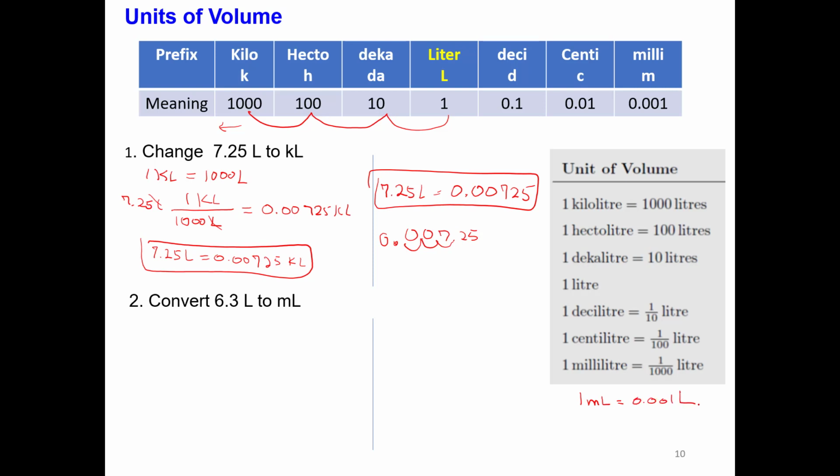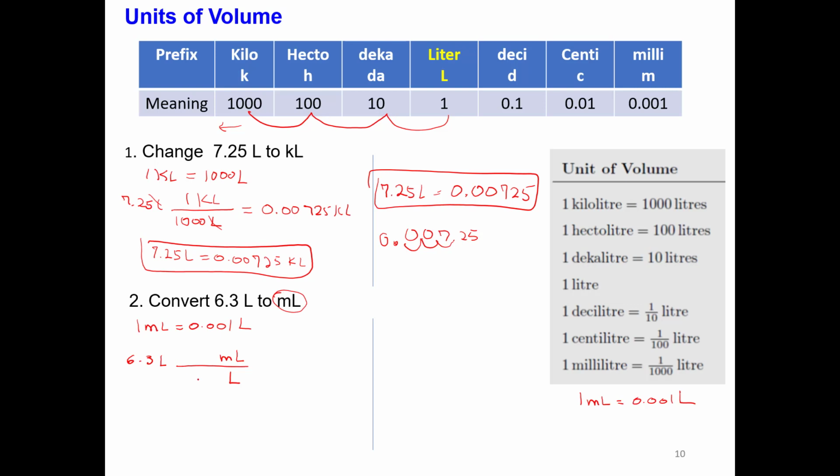And this is the conversion factor we need to apply in this case. Let me write here 6.3 liters. And we need liters in the denominator, this way the liters cancel out, and we need milliliters on top because this is the unit we want.